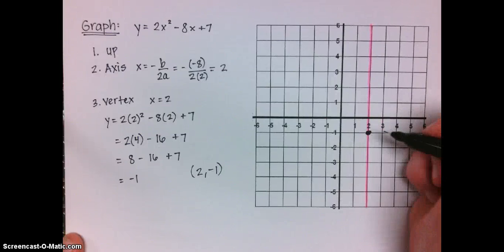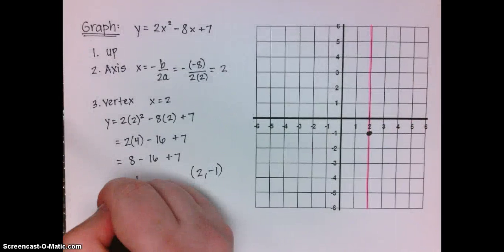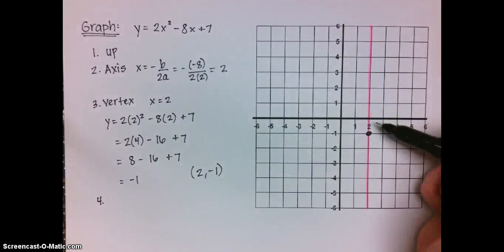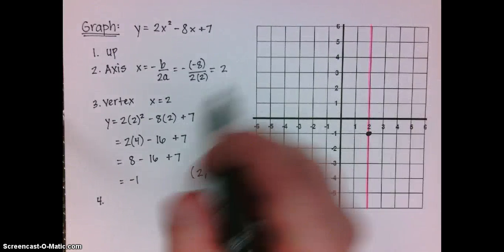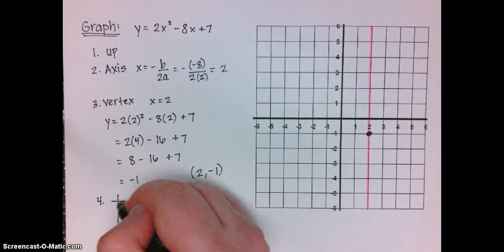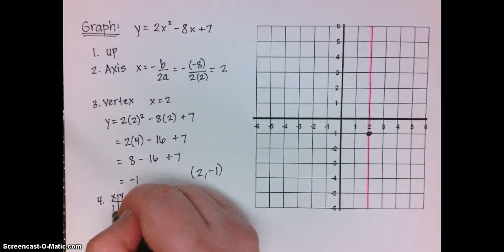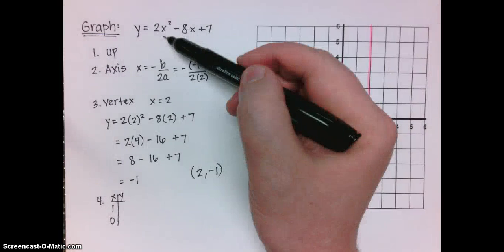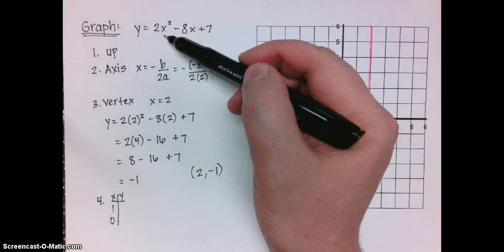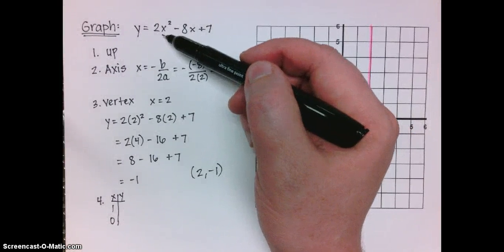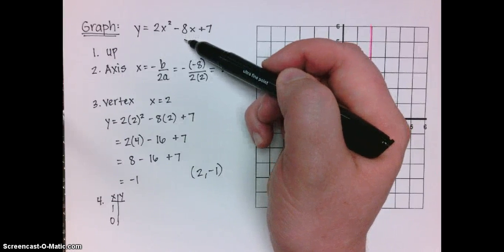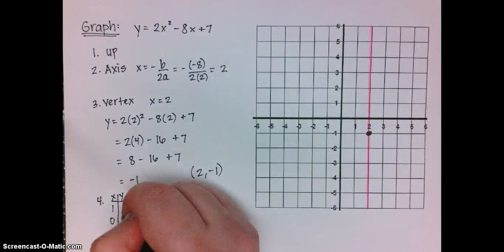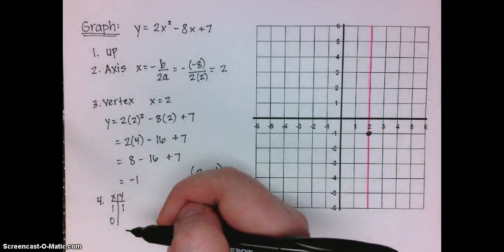This is my vertex. Like I did before, let's choose 2 points going to the left. So I'm going to choose 1, and I'm going to choose 0 as my x values. 1 and 0. So why don't we plug in 1 up above? 2 times 1 squared is 2, minus 8 times 1, which is 8. So 2 minus 8 is negative 6, plus 7 is positive 1.